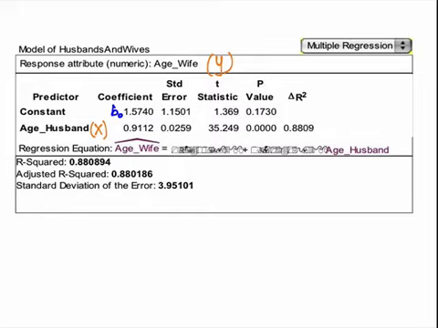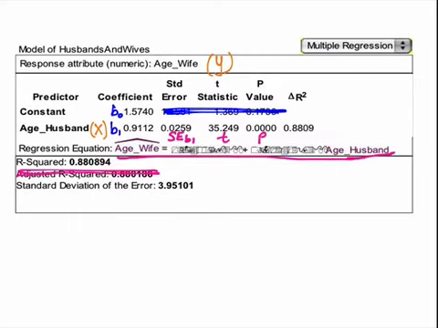1.574, is our b sub 0. And b sub 1 is 0.9112. All right, we're not going to use anything else from the constant row, but everything else from age of husband, which is our x variable, gives us the standard deviation of b sub 1, the t, and the p.